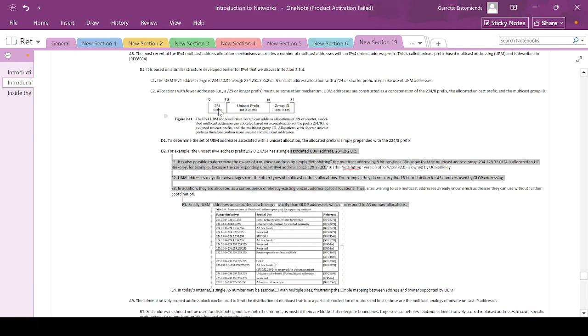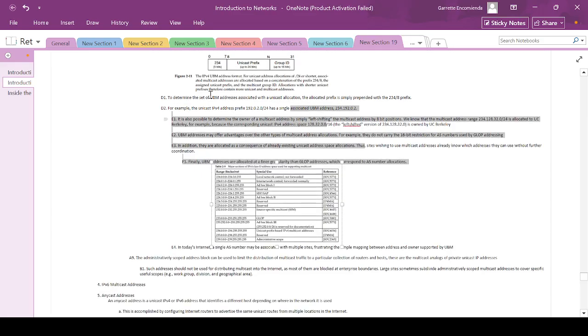So to know the owner, we just need to left shift this by 8 bits, because this 234/8 is the first byte, or the first position, in its address. 8 plus 24 plus 16 is more than 32, right?